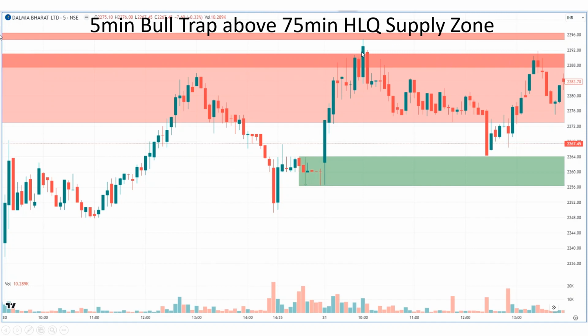Breakout traders also might have taken so many long trades here the moment this supply zone is violated. All these breakout traders' long trades are also bulls, bull orders or bull trades. All these bulls are captured in this 5 minutes zone by the institutions.